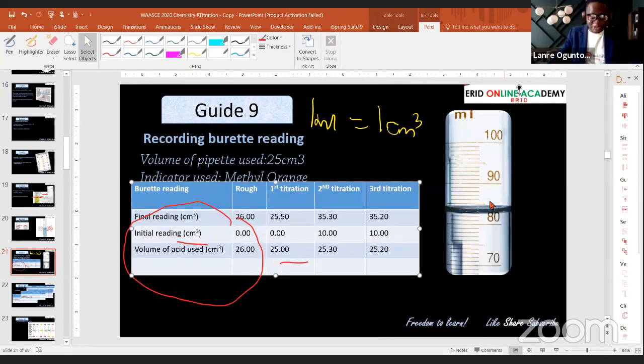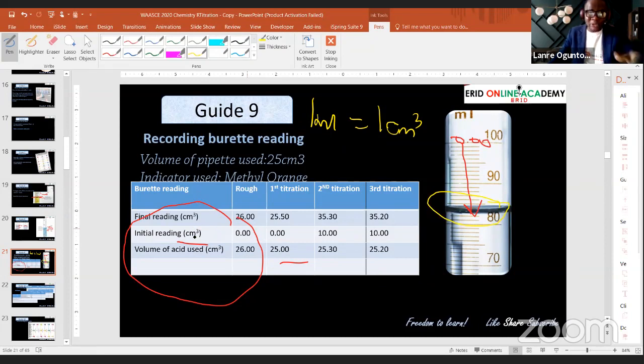If you look at this particular burette that I have here, let's assume that I started from this 0 level. Now, when I've run the acid into the conical flask, the level will reduce. This is my new level. At this new level, I will take my reading, then I will record it there.